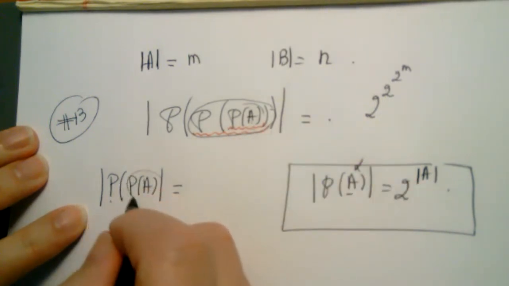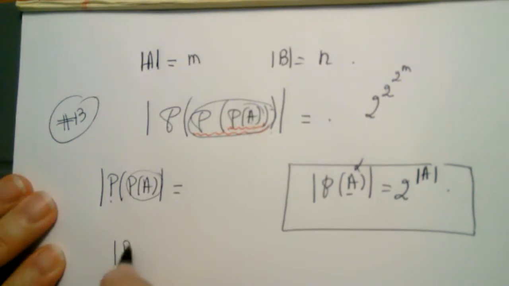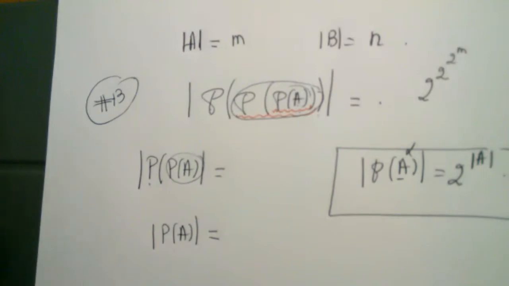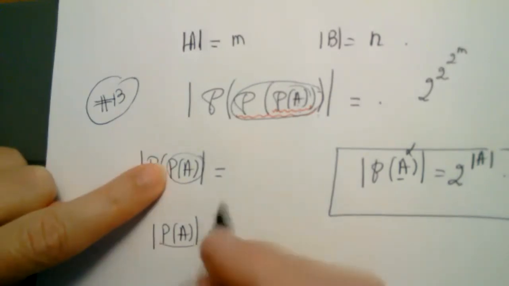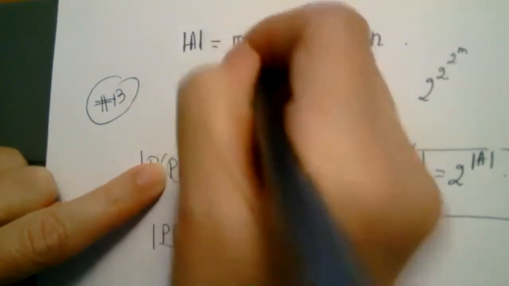It's like nested things, and then I'm going to back my way up. The power set of A has cardinality 2 to the m.